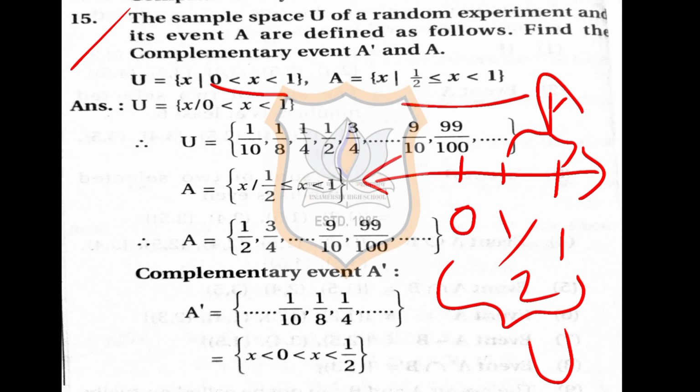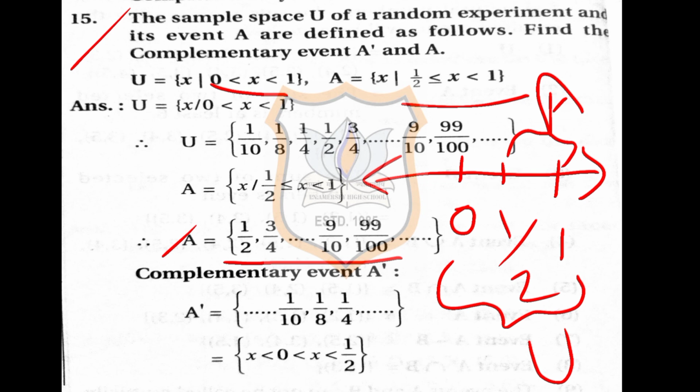So if you want, you can take half, 3 by 4, 9 by 10, 99 by 100 and so on. You can take any number of fractions in between half and 1. So it is an infinite set, right? What is the meaning of that? It means you can have any number of fractions between half and 1.